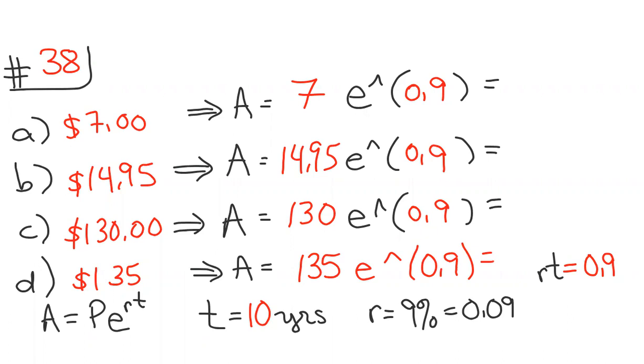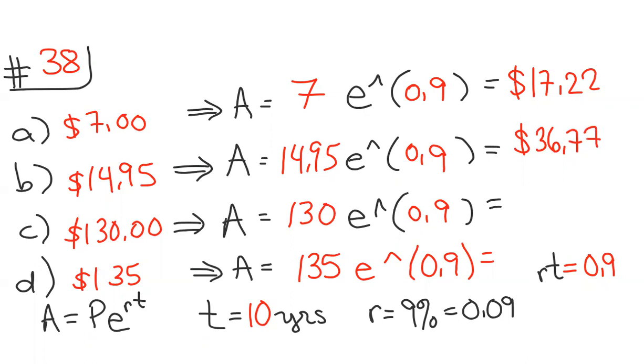So our first one is 7 times e to the 0.9, which gives me a $17.22 movie ticket. Now we have 14.95 times e to the 0.9 gives me a $36.77 CD.